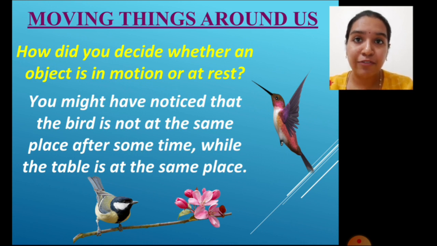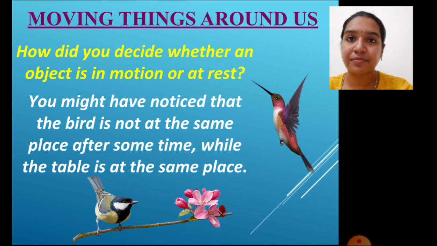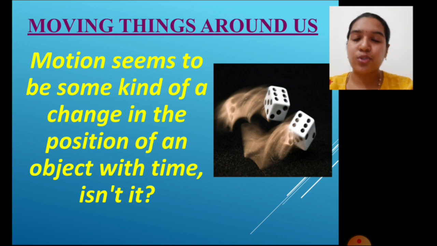When given any force or pressure, some objects show movement. That means they change their position. So, motion is some kind of change in the position of an object with time.